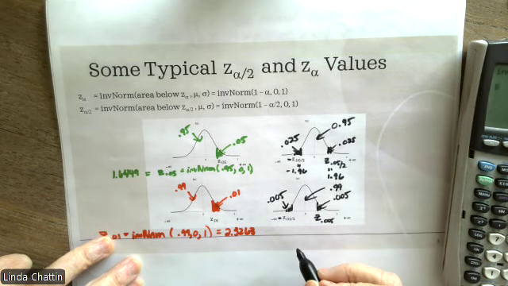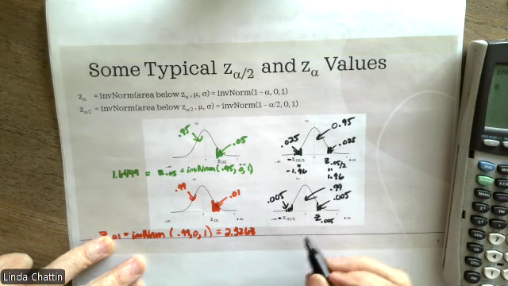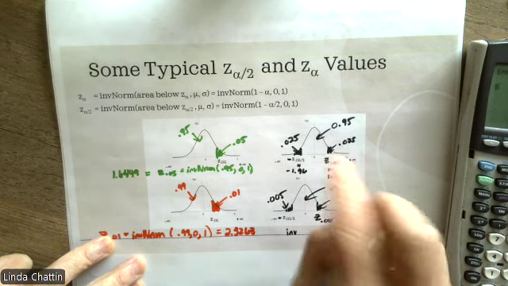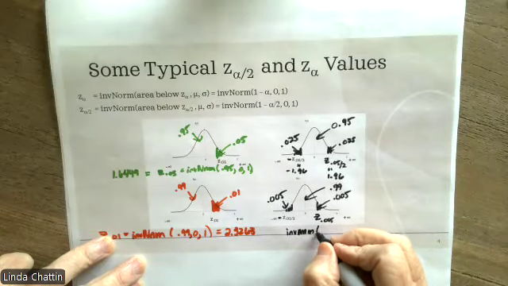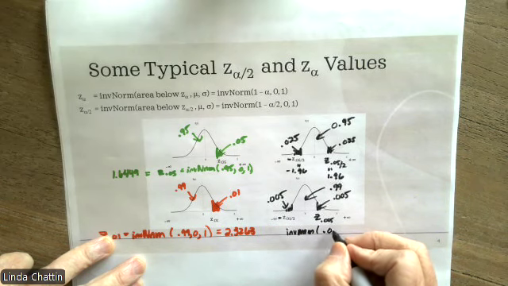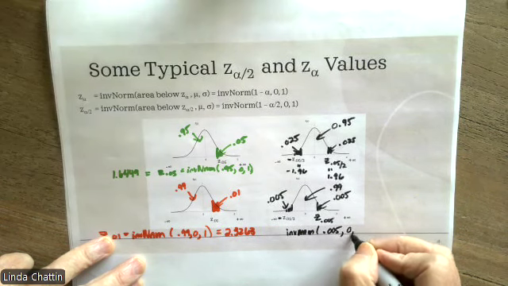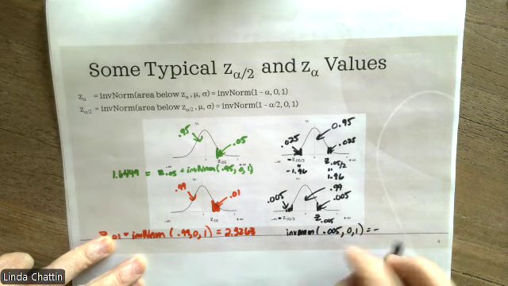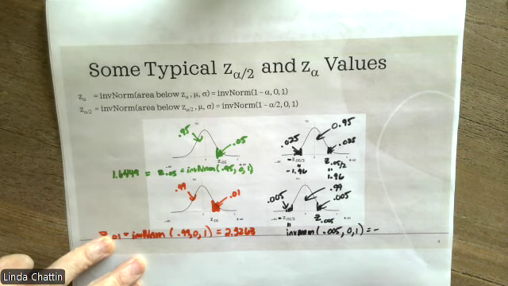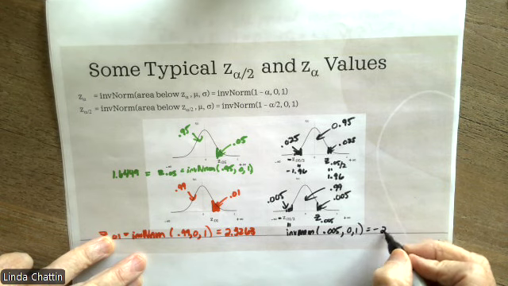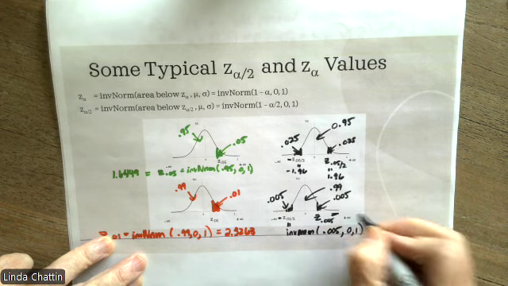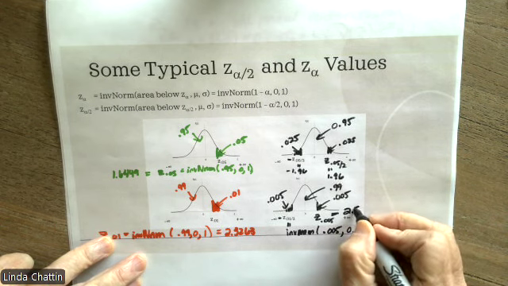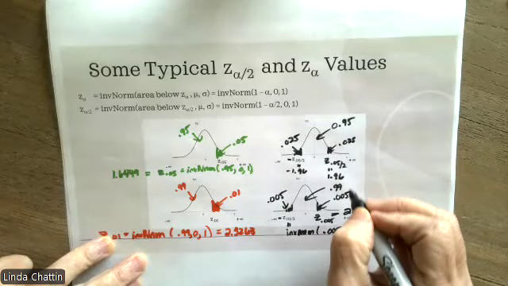We can get this one easily by doing the inverse norm, which I didn't do up here, so I'll do that to be consistent: inverse norm, 0.005 area below, mean of 0, standard deviation of 1. So negative z of 0.01 divided by 2 works out to be negative 2.5758, which means the positive value would be 2.5758.